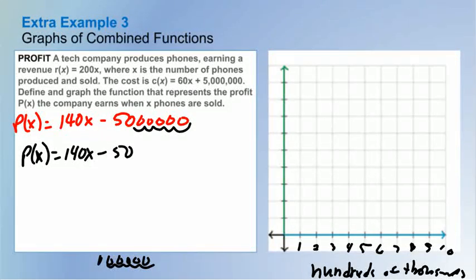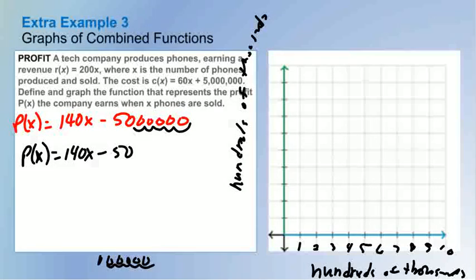So here, if we're going to count these by hundreds of thousands, this one we're going to count by, this would be 100. So if I count these by 100, that would represent 10 million. Because if I had 50, that would represent 5 million. This is 100 million.